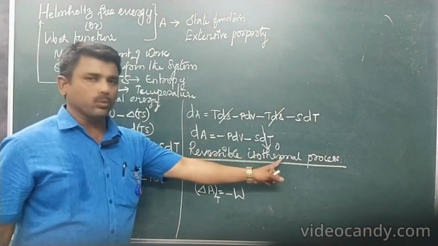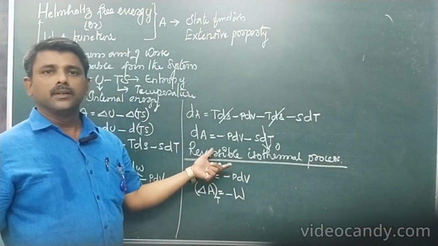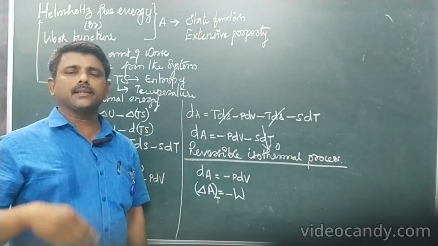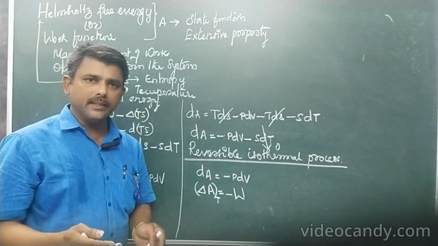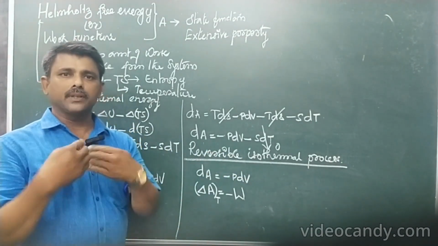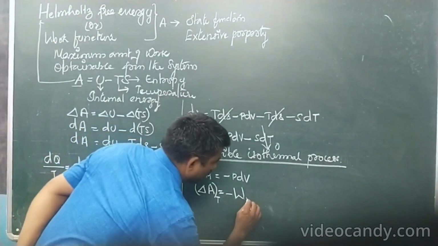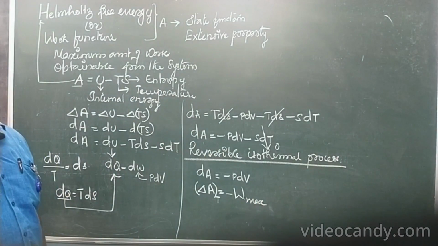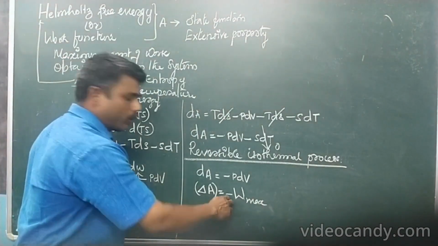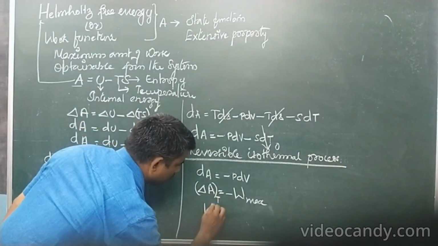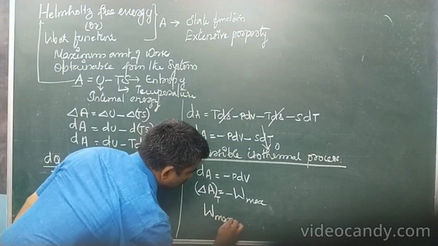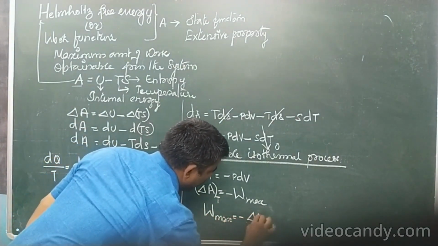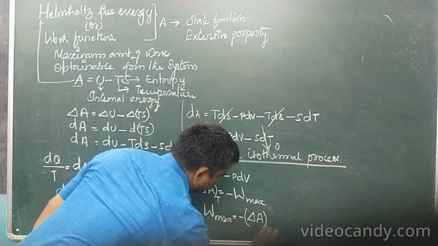Isothermal is over. What is called reversible? Reversible means it is the maximum amount of energy or work obtainable. So this is called W max. Clear? So I write W max is equal to minus del A at constant temperature.